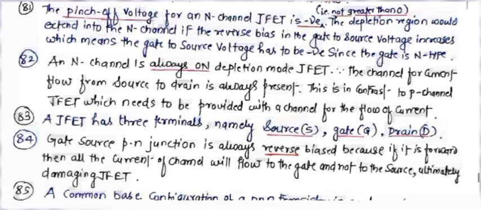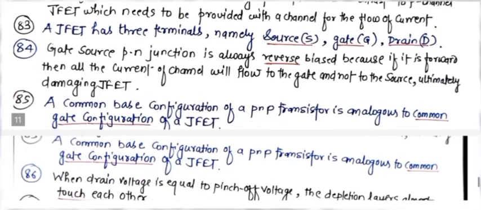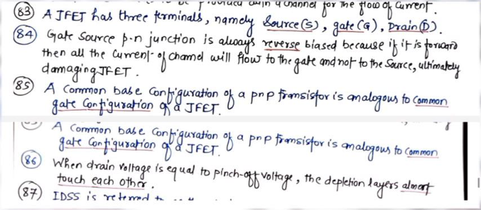A JFET has three terminals, namely source, gate, and drain. The gate source PN junction is always reverse biased because if it is forward biased, then all the channel current will flow to the gate, not to the source, ultimately damaging the JFET.